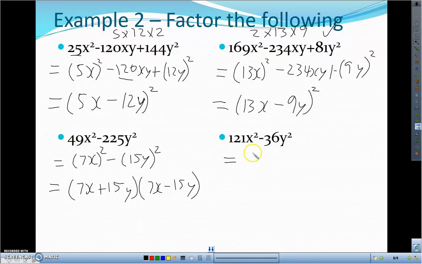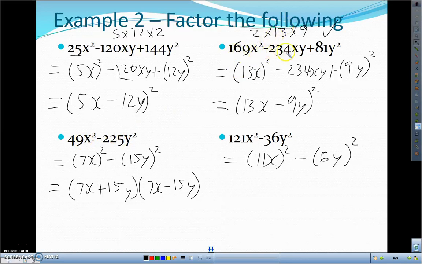This last one, 11 times 11 is 121, so 11x bracket squared. This is 6 times 6 is going to be 36, so 6y bracket squared. And also notice, if you tried to common factor any of these numbers, nothing divides 25, 120, and 144.